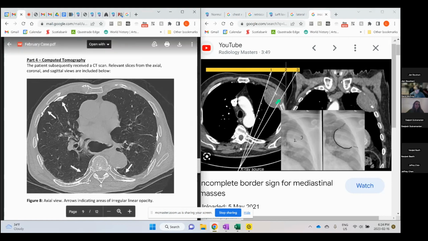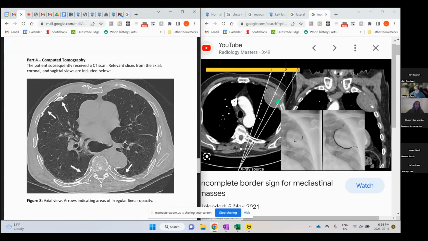It's really coarsely calcified, even thicker than the cortex of the bones. That's why it really jumps out on the X-ray, and if the density is really dense like this, it narrows your differential a lot.